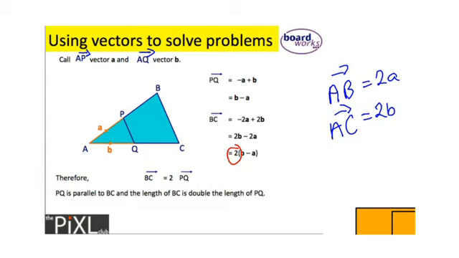So we can see here that both of our vectors for PQ and BC are parallel because they contain the same element, B minus A. However, the only difference is that BC is double the length. That's where the 2 is in front.